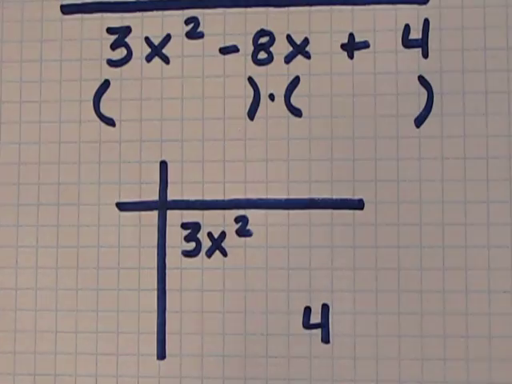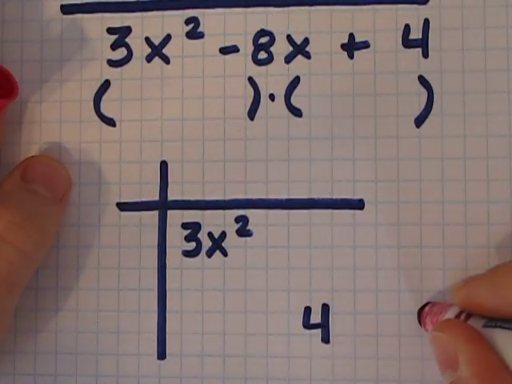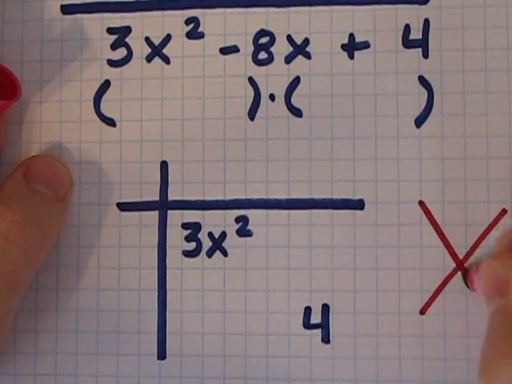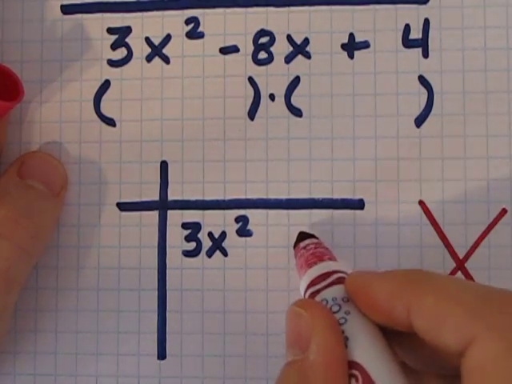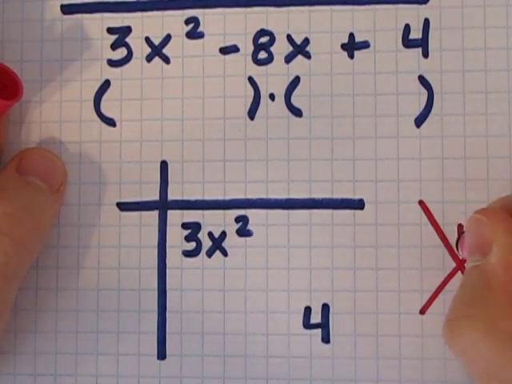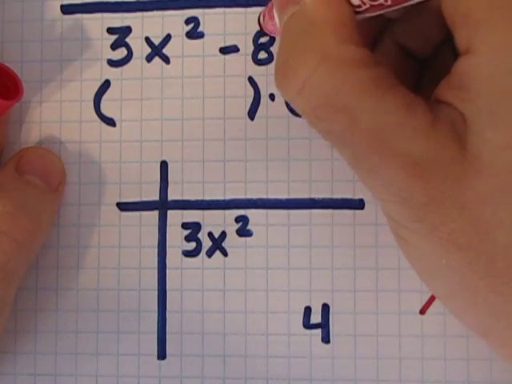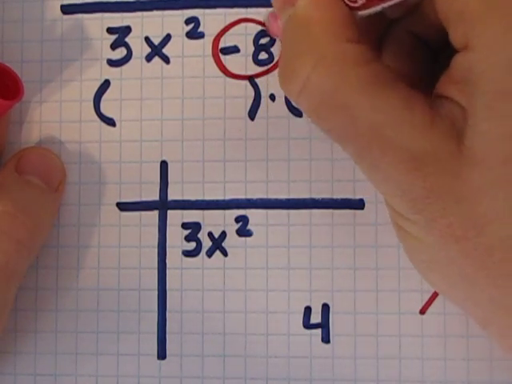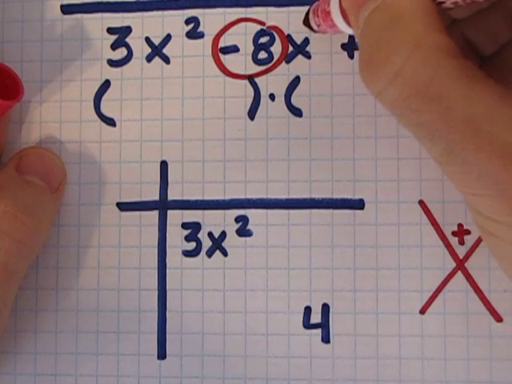This is where we do a diamond off to the side. So the numbers that are going to go here and here, they have to add up to that number.